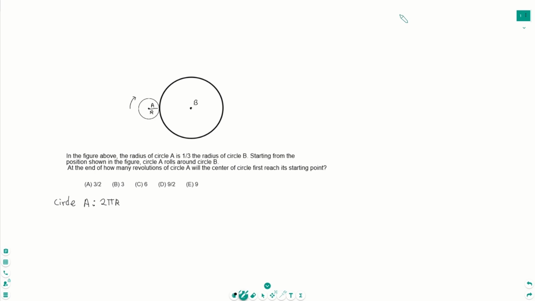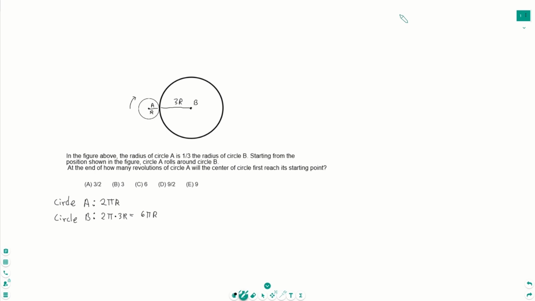And for the bigger one, circle B, it's 2 times pi times 3r, here we have 3r. So it's 6 pi r.